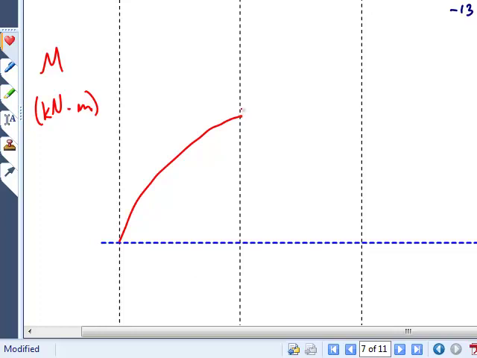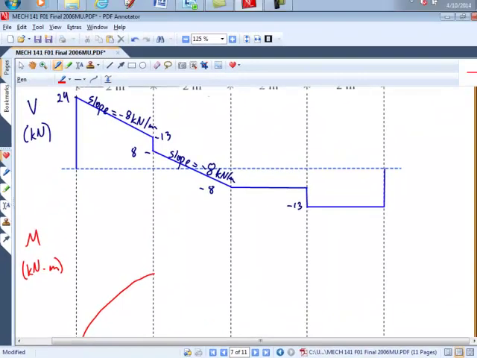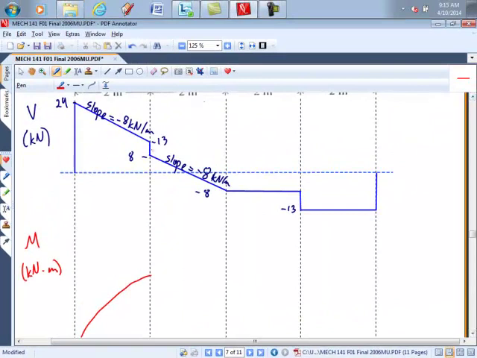What's this value going to be? This is 0. The value here has to be the area of this diagram. How do you figure out the area of a trapezoid? Right, so we can take the average of these two sides and then multiply by the distance between.